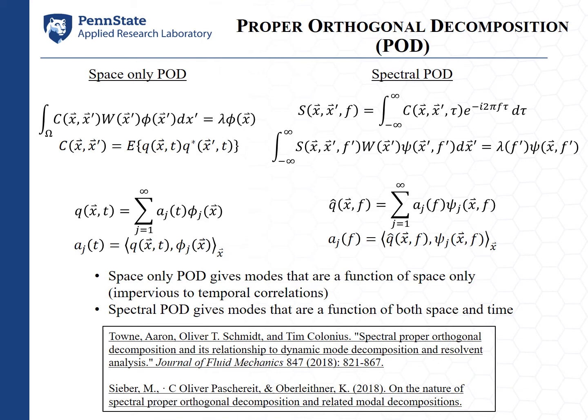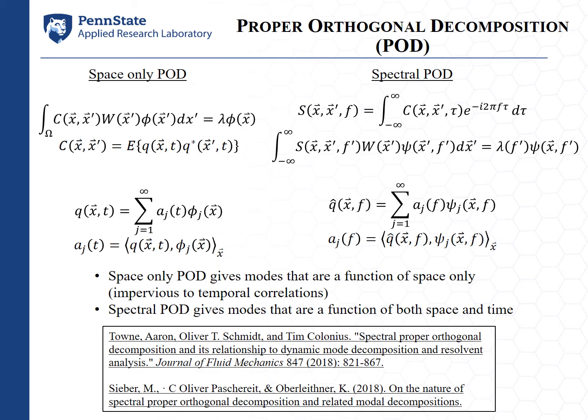In the spectral POD, you arrive at a basis set of modes that are time frequency modes. So they evolve at set frequencies, as these are based on the Fourier decomposition in time, and they are still optimal with respect to the turbulent kinetic energy that they reconstruct at a single frequency. So all of these modes are uncorrelated to all of the other modes at all of the other frequencies, and they represent a true building block of the flow.